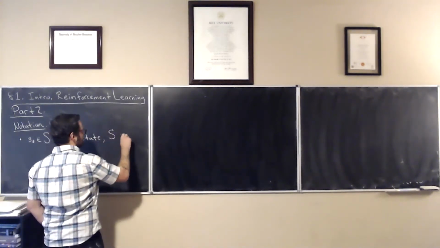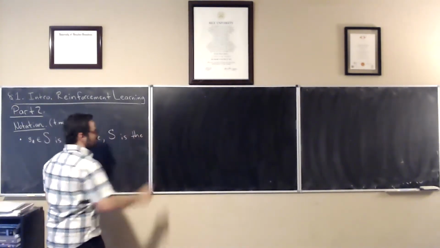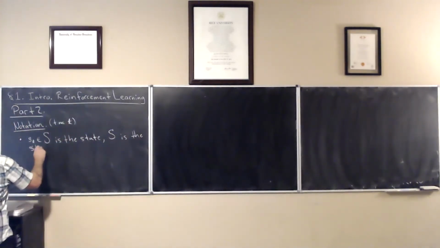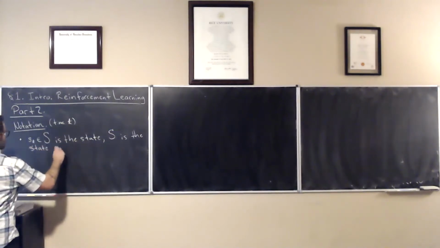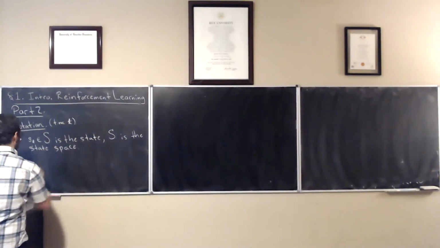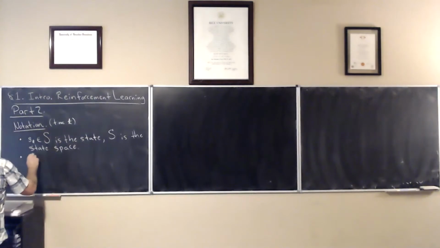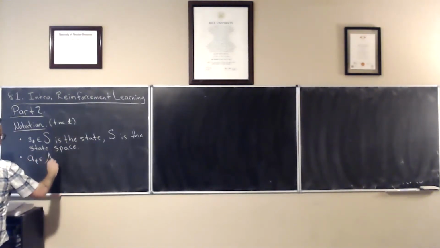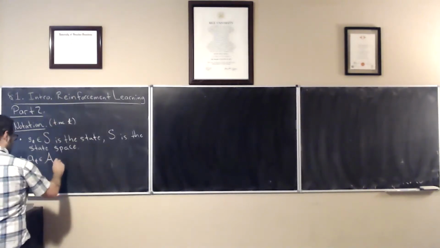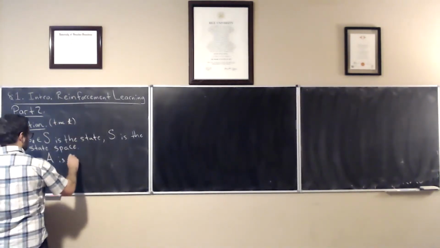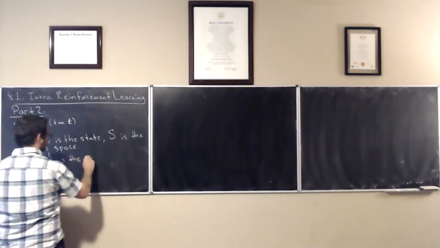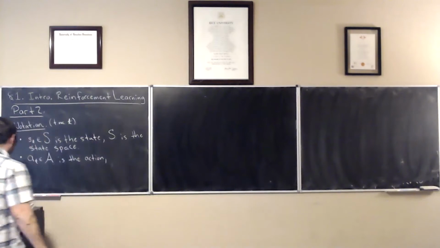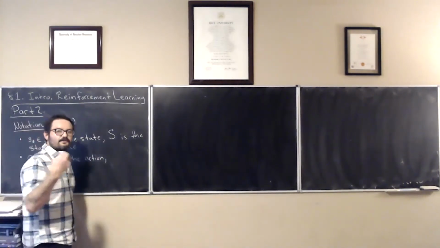Capital script S is the set of all possible states. And then A sub t, in script A, is the action of the agent. And script A is the action space, the space of all possible actions.